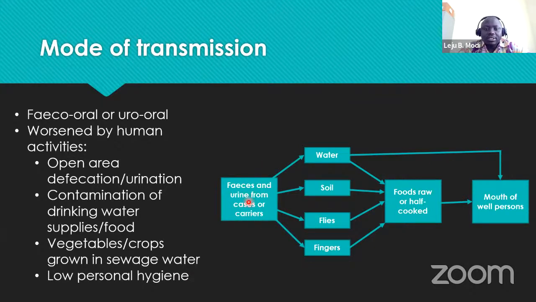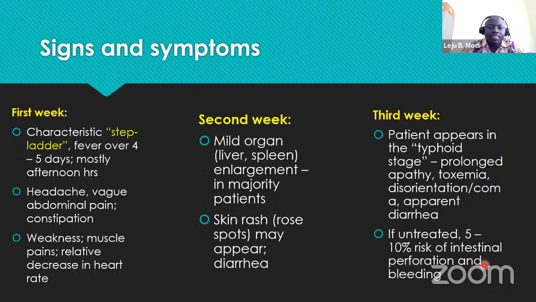You have the feces and the urine, either from a case or a carrier, and then it is either the water, soil, flies, fingers. Sometimes also foods that are raw or half cooked. At the end of the day, everything just ends in our mouths, and then we would have contracted the bacterium.